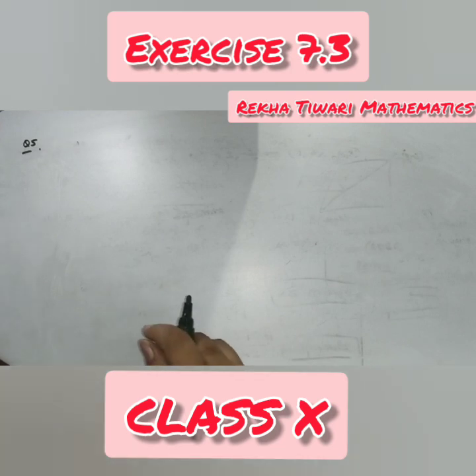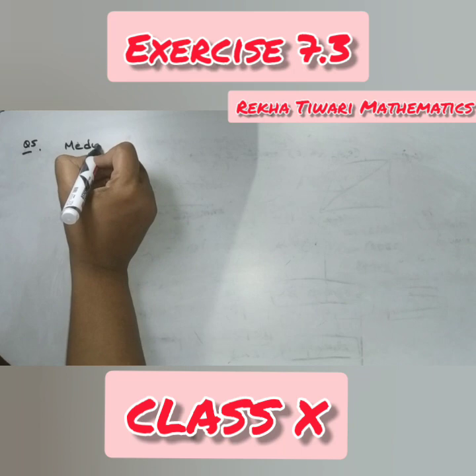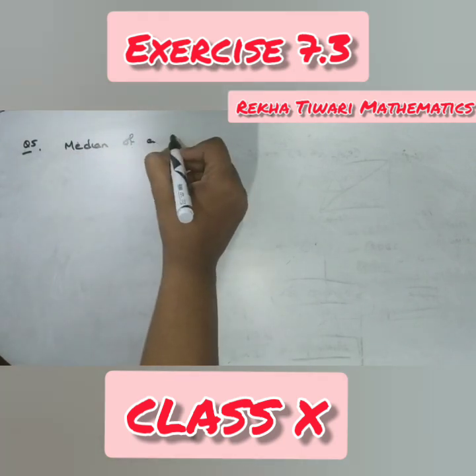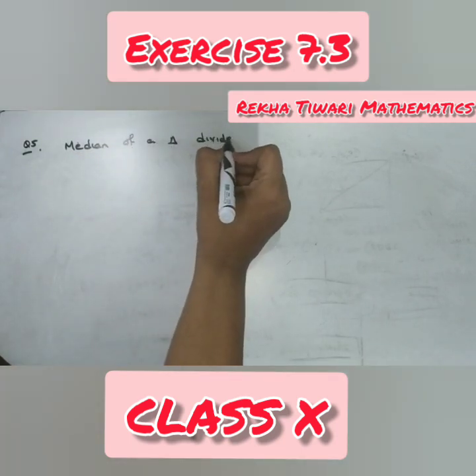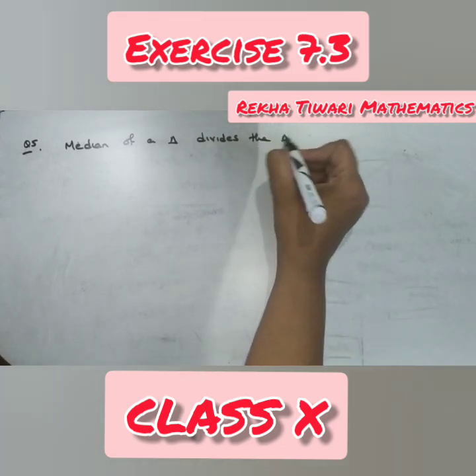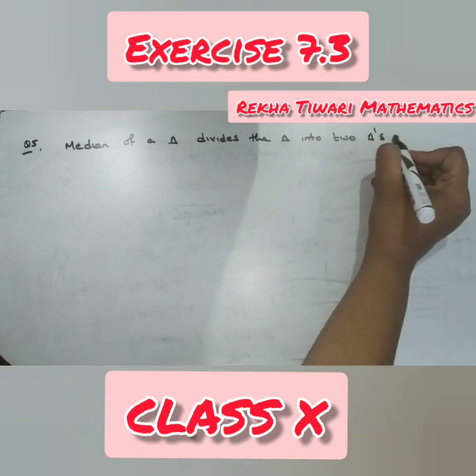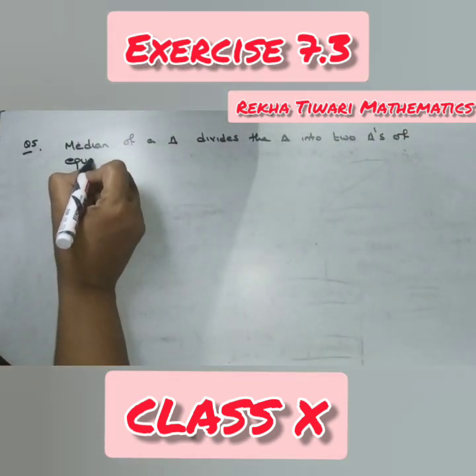You have to verify that median of a triangle divides it into two triangles of equal areas. Median of a triangle divides the triangle into two triangles of equal areas.